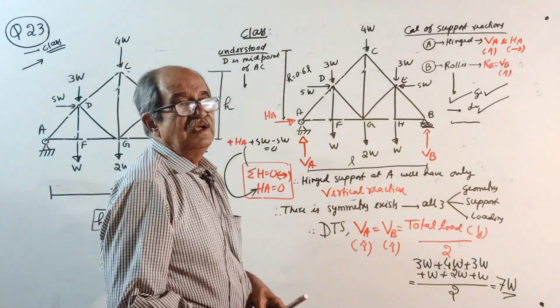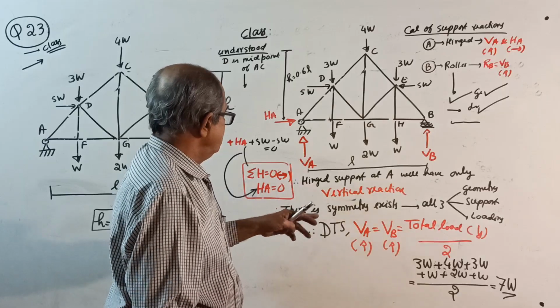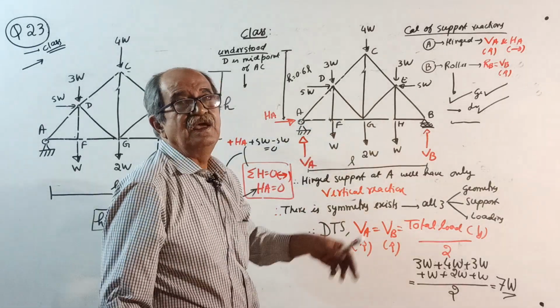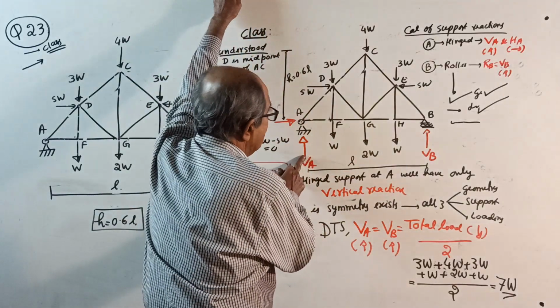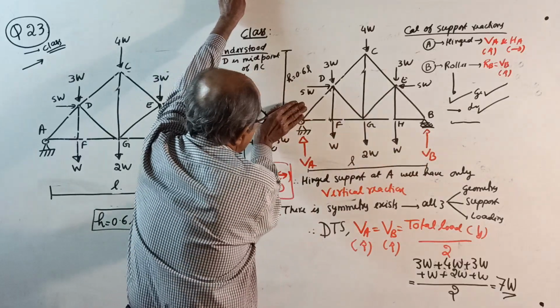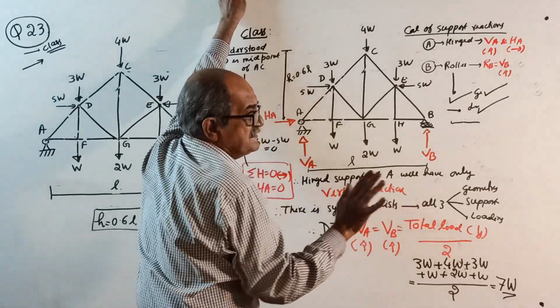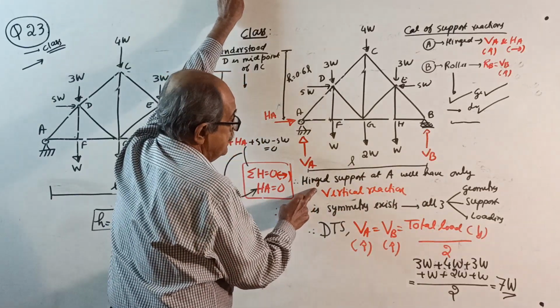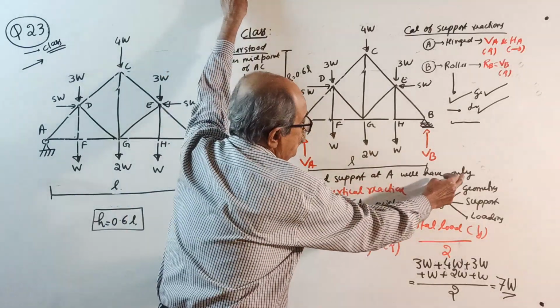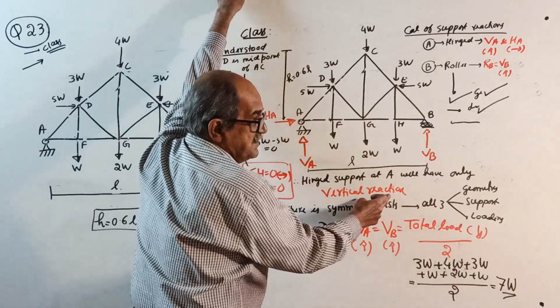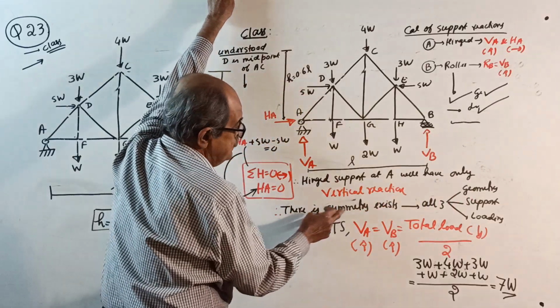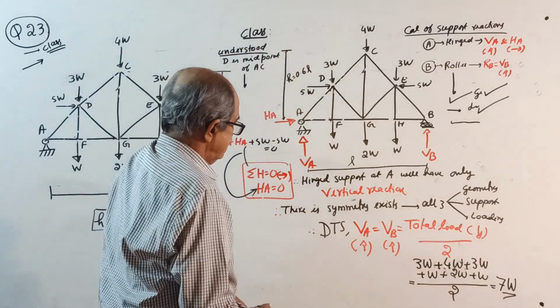Since there is no horizontal reaction here, only the vertical reaction, see now, cover it. Now, perfect symmetrical, right here. Hinged support at A will have only vertical reaction. There is symmetry.